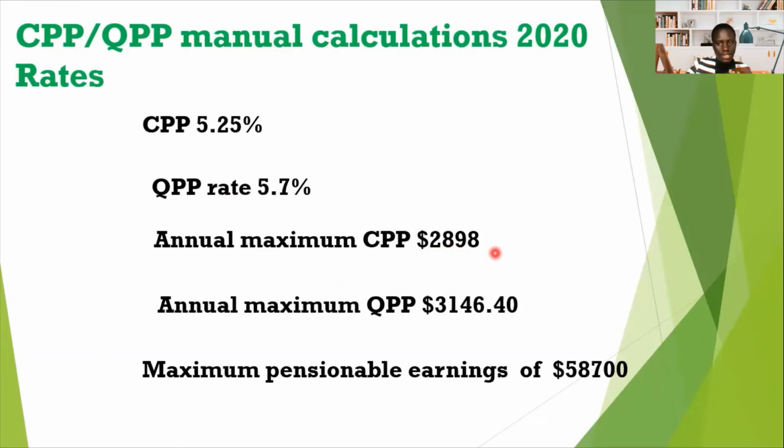That is the maximum that they cut, otherwise you would have more money than the other one. The QPP, if you live in Quebec, should not be more than 3,146.40. The maximum pensionable earnings should be 58,700, no more.